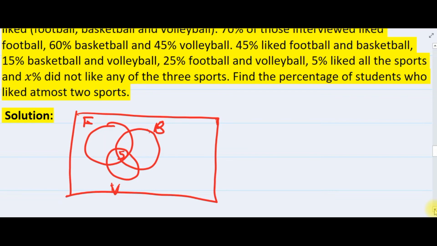They just say 25% like football and volleyball. Remember, 25 minus 5 is 20, because 25 like football and volleyball, and that includes the 5 in the middle.